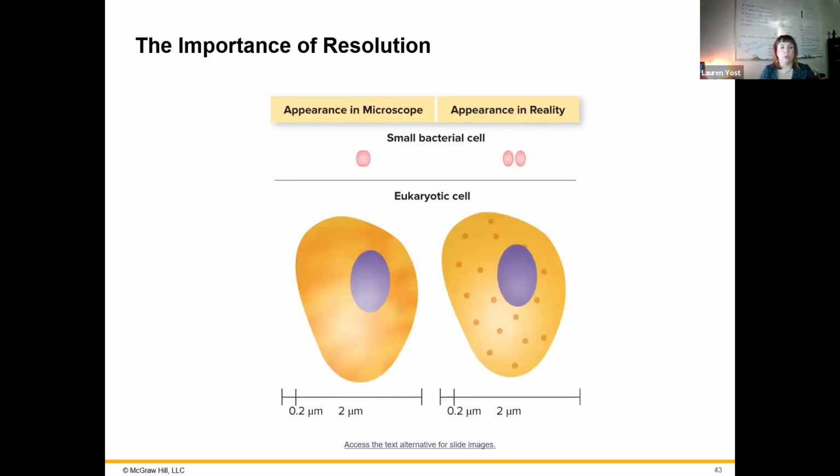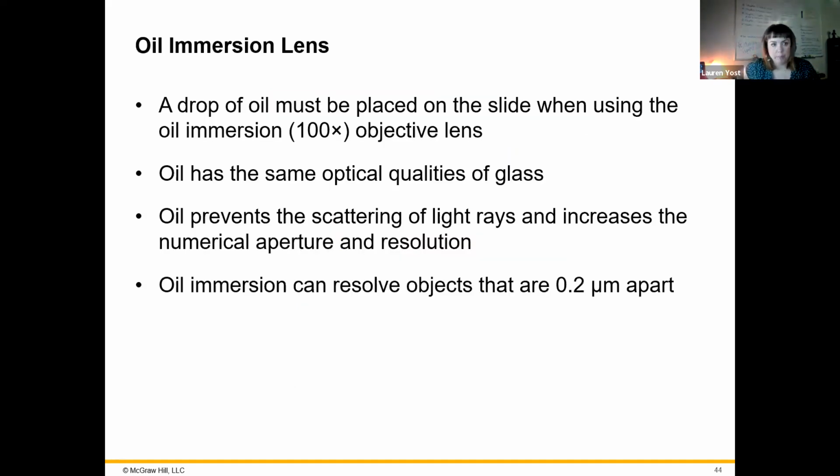So this is just showing us a simple difference between these organisms based on what you can see from resolution. You might be able to see more characteristics with high resolution than with low resolution. And we already know that, right? Because of TVs. So you can see a lot more detail. It's really all that's talking about.